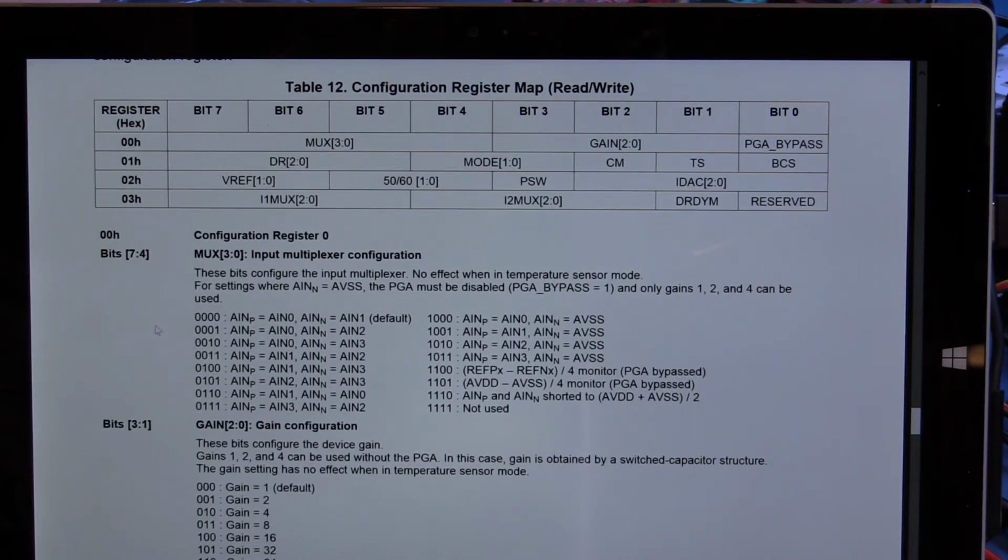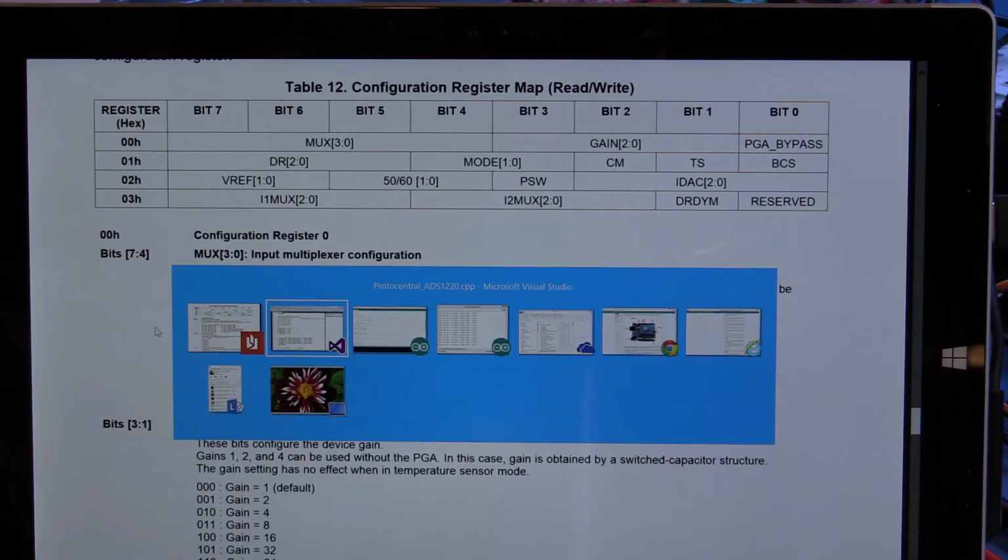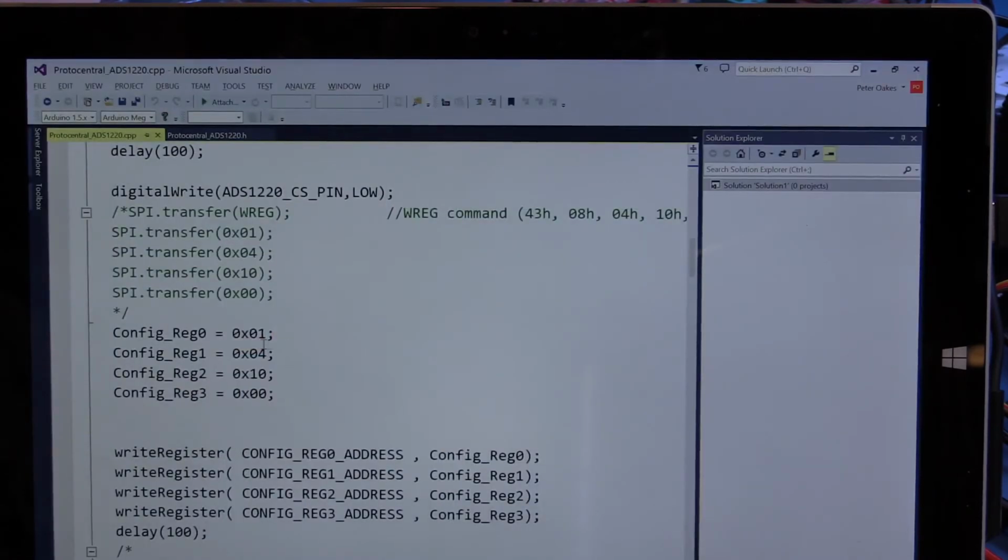Right now, if I go back to the code here a second, this is the initialization in the ADS1220 C++ file. We're sending out a 01 to register 0 and an 04 to register 1.